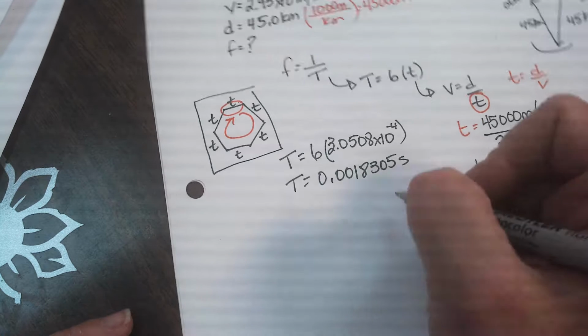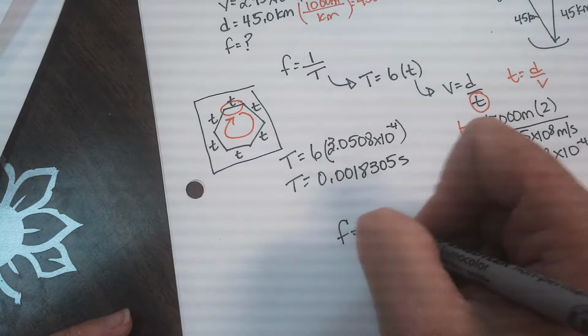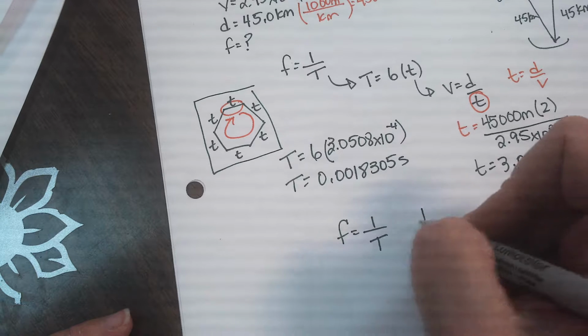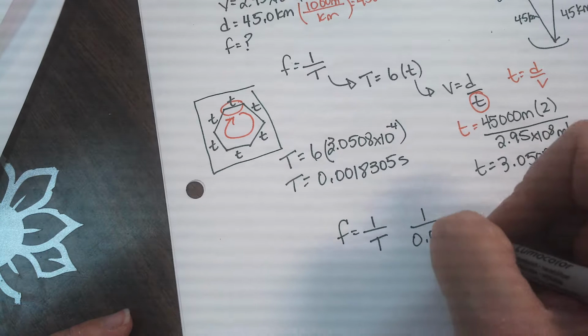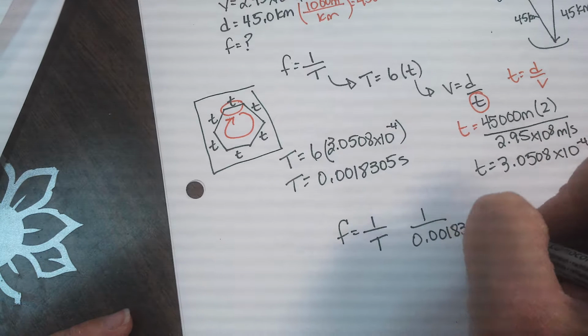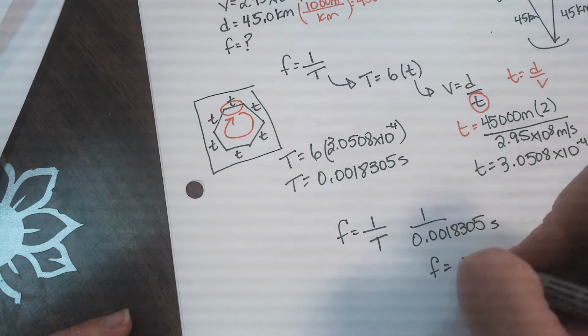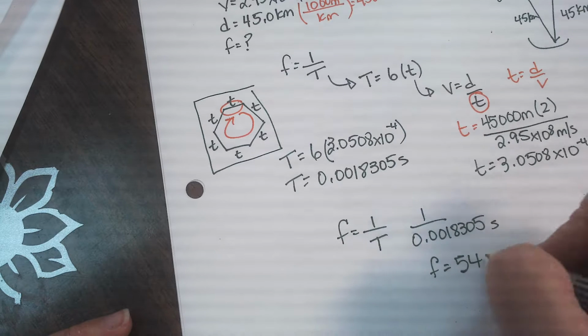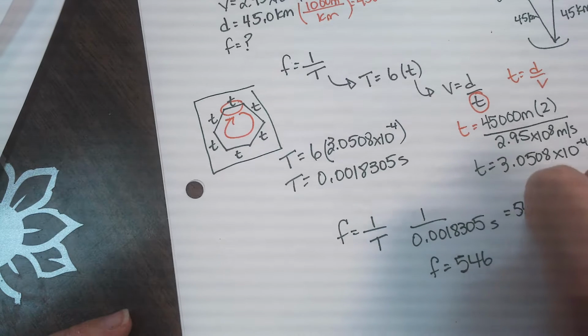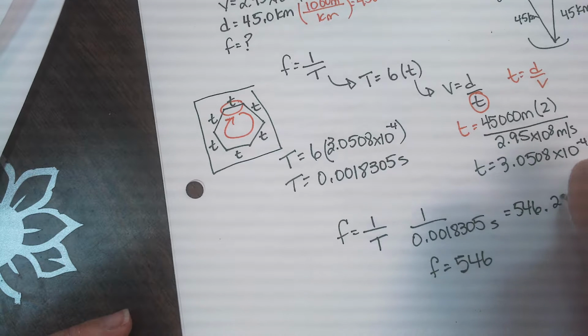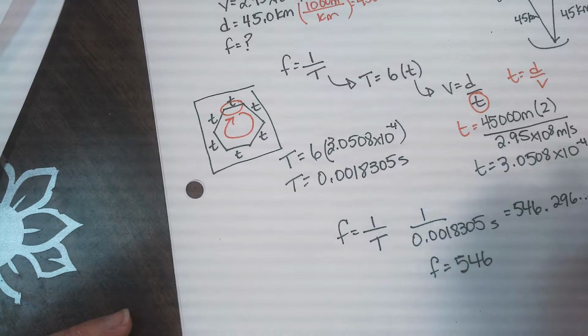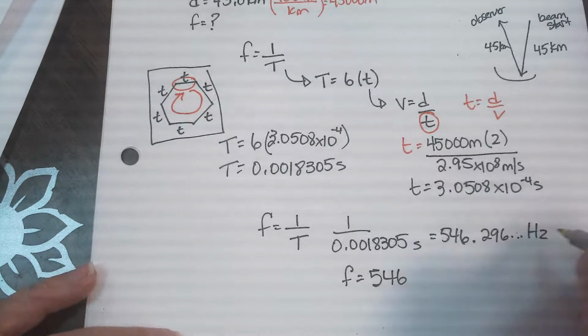Once I have period, frequency is easy to solve, 1 over period. So 1 over 0.001835 seconds. Frequency is going to be equal to 546.296 hertz.